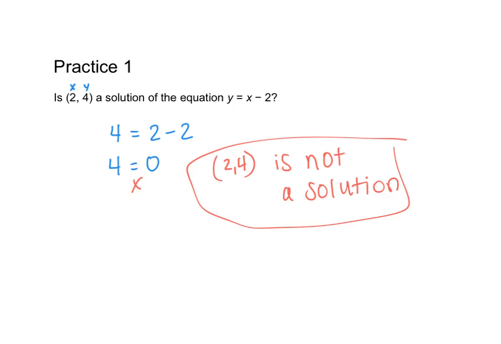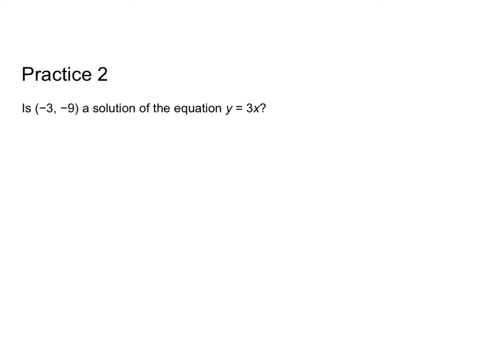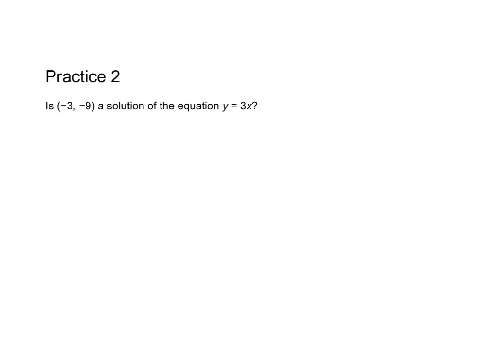Okay, next practice problem. Number 2, is (-3, -9) a solution of the equation y equals 3x? Well, let's go ahead and check it out. (-3, -9), this is our x, this is our y. -9 equals, I'm sorry, it should be +3, and then x is -3. -9 equals 3 times -3, a positive times a negative.